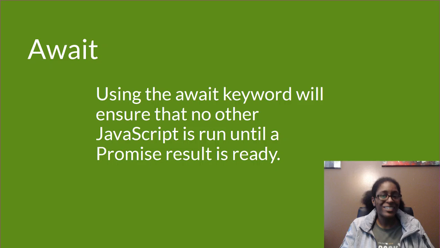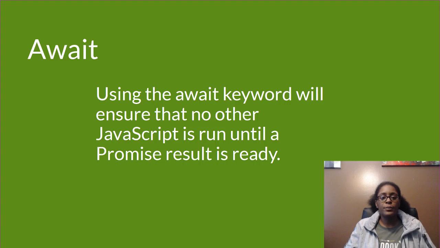The await keyword can only be used inside of an asynchronous function. The reason is that when you use the await keyword, it stops your program from running until that value in particular comes back. Until that asynchronous function that you're putting the await in front of returns its value, the code is stopped.